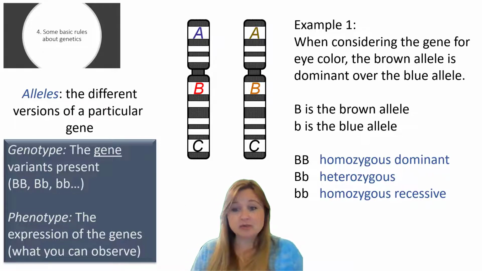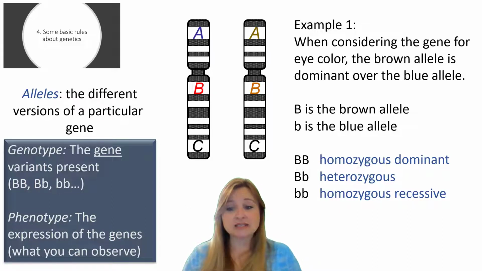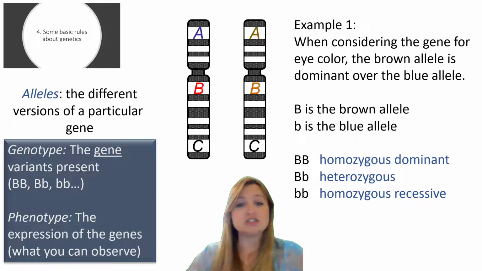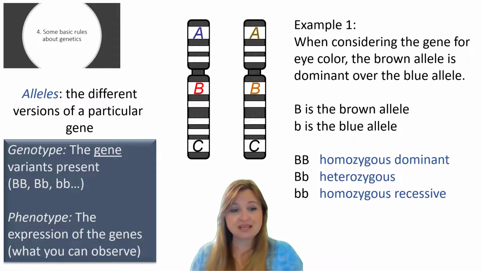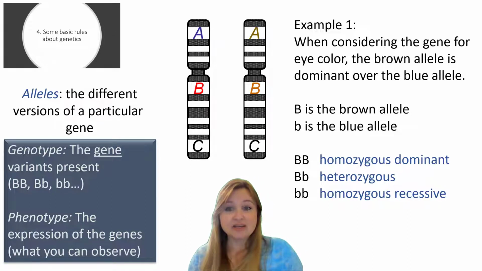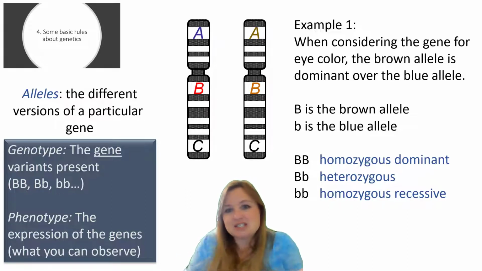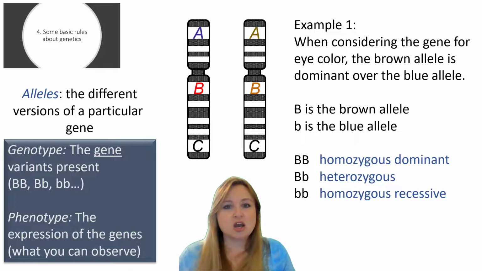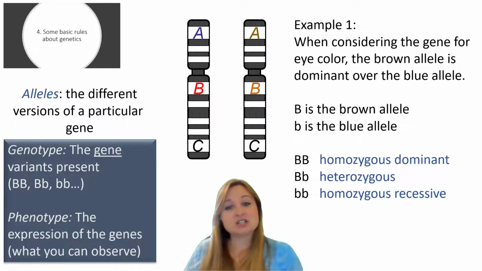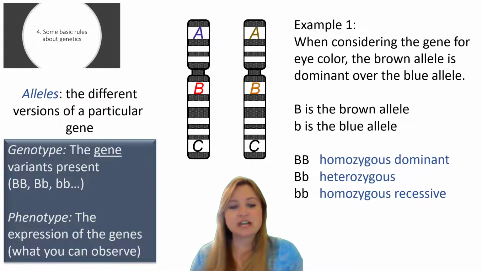The genotype could be homozygous dominant, heterozygous, or homozygous recessive. We're talking about the genes. But the phenotype is what you can see, right? So big B, big B is not the phenotype. We don't see the genes. That's the genotype. If somebody is homozygous dominant, what color eyes will they have? That's the phenotype, okay? So the phenotype is the expression of those genes. It's what we can observe.